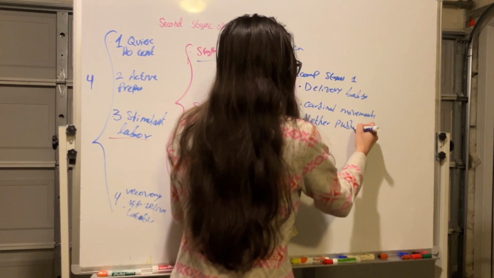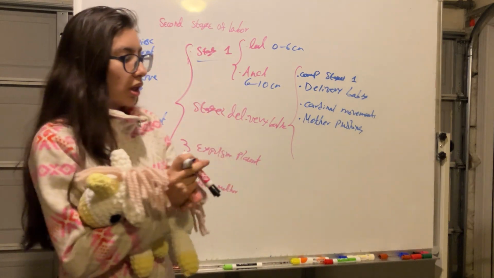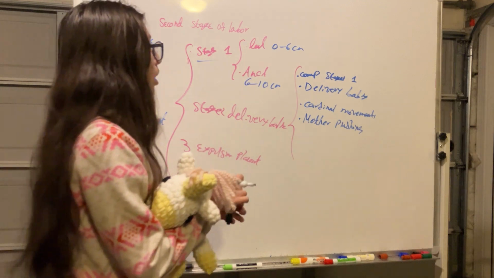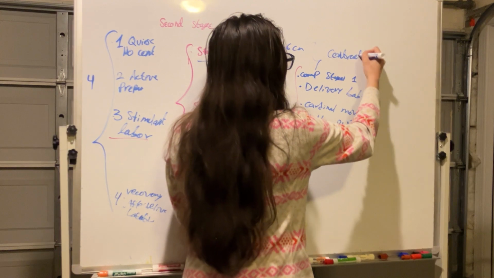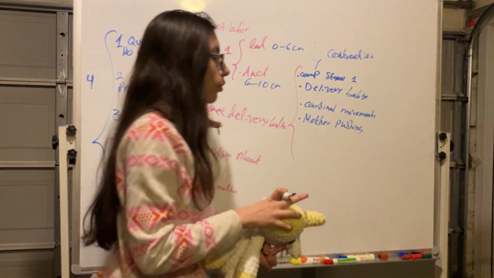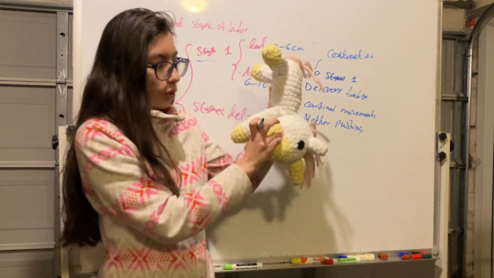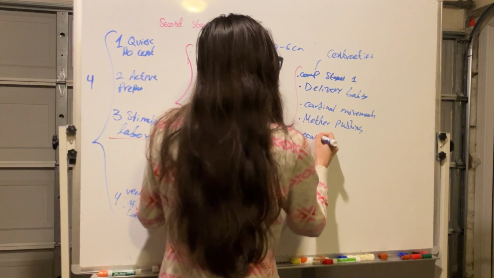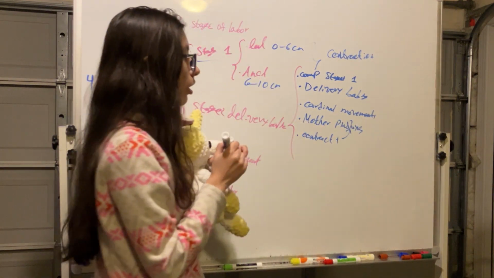In comparison to stage 1, in stage 1 what does the effacement and dilation of the cervix are only the contractions of the uterus. But here, what lets the baby advance through the birth canal are the contractions of the uterus and the pushing of the mother.